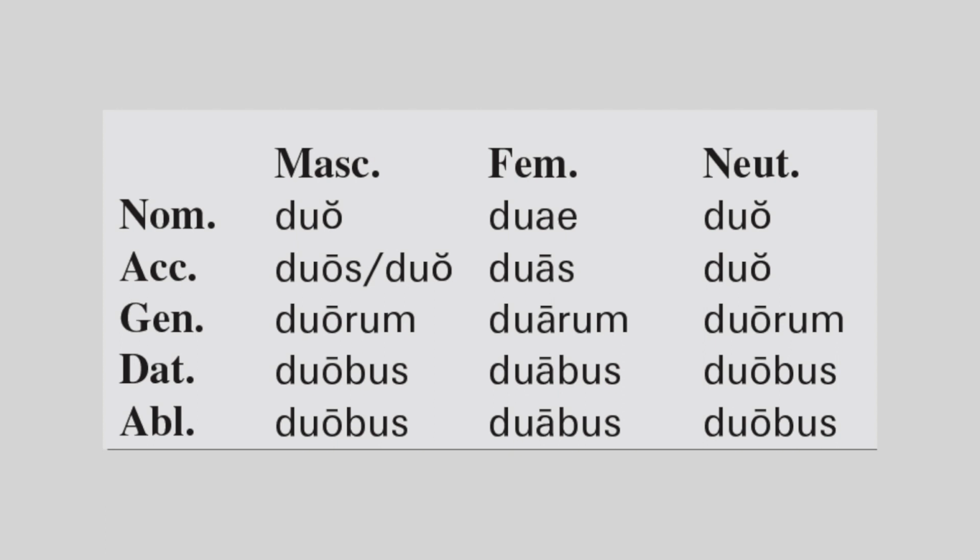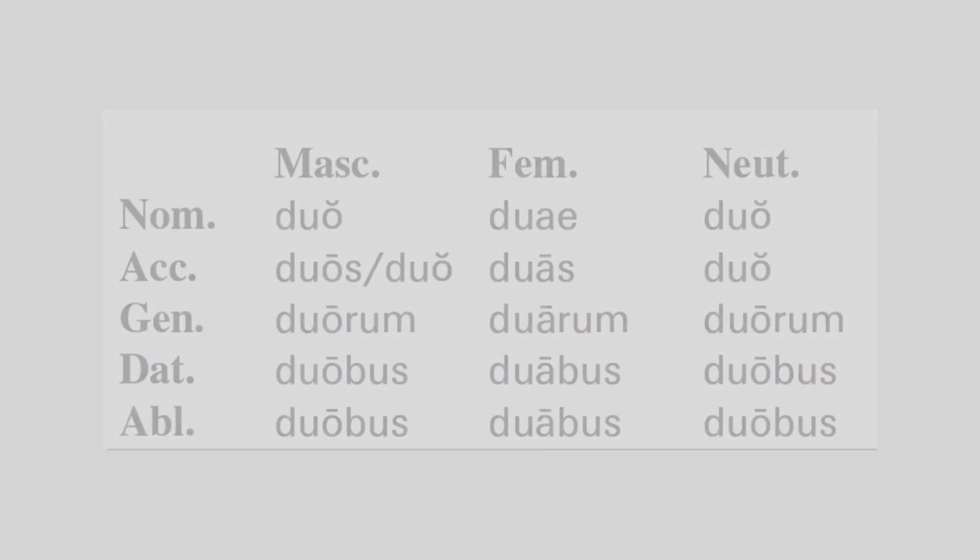Duobus, duabus, duobus. Duobus, duabus, duobus. Okay, so that's a pretty cool little word. You know, people say what's Latin for two, and you say it's duo. Well, it is duo, but just be aware, you will see it in these other cases. And when you do, don't get spooked.